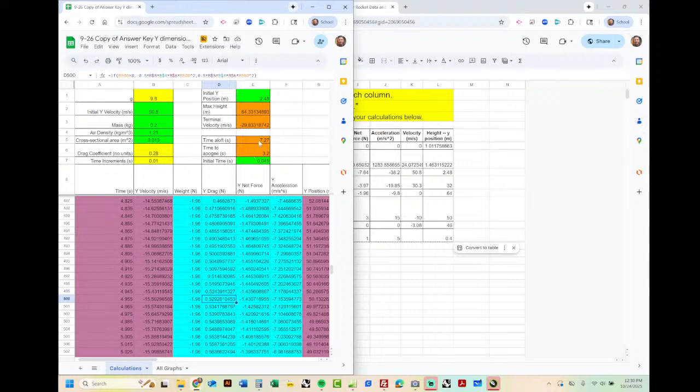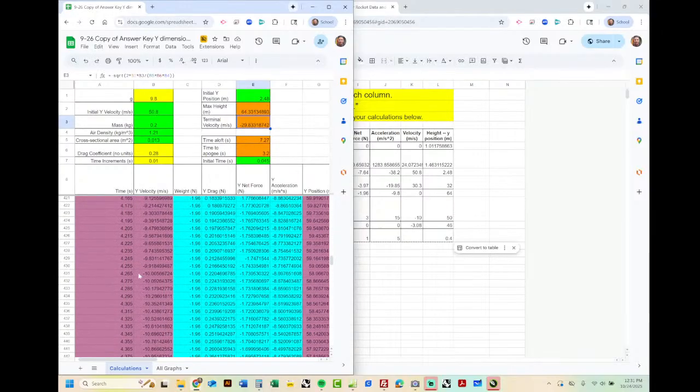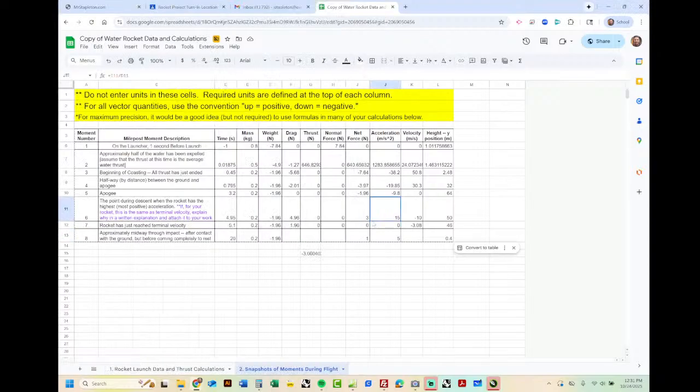By the way, here it says terminal velocity is negative 29, but that's not with the parachute. So I'm just going to look for a velocity that's about 3.08. So there's a velocity of 3.04. The drag is 0.02. Okay, I'll put that in for drag. And that should be upward because the rocket's still moving downward.